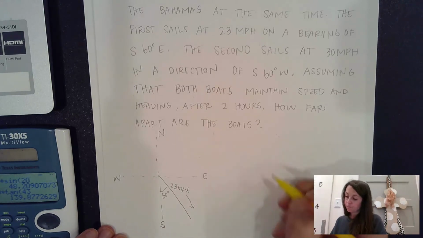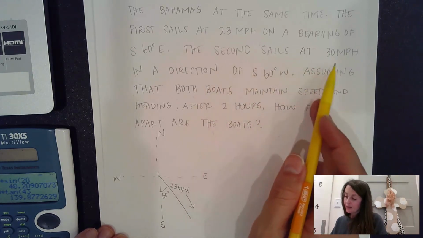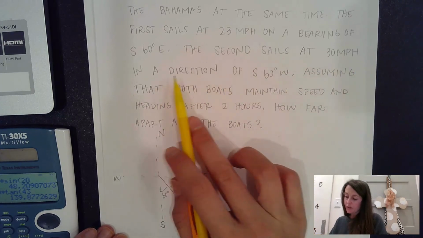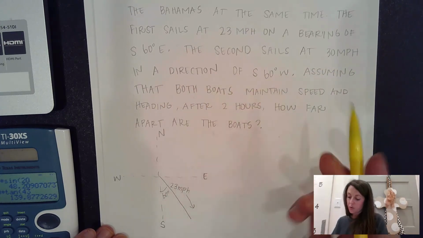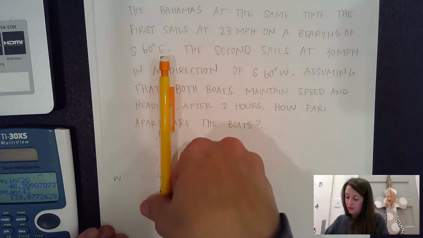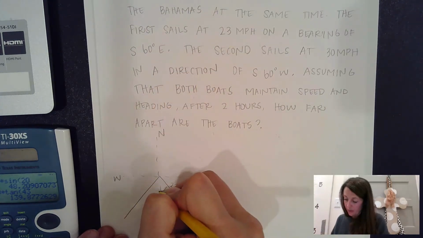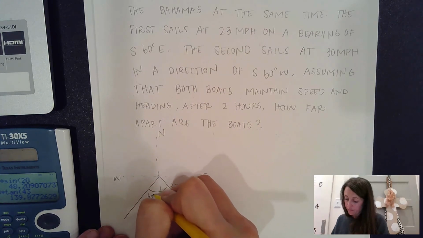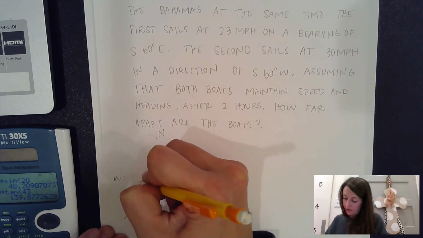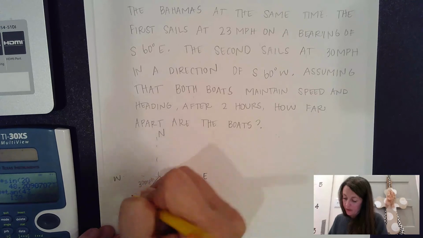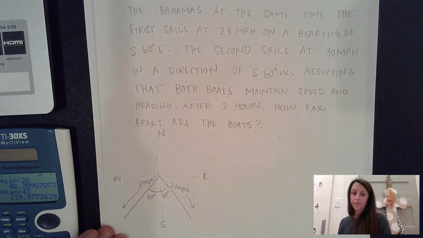The second sails at 30 miles per hour in a direction of south 60 degrees west. So I'm going south 60 degrees, so from here it's going to be 60 degrees this way, and I'm going to be going at 30 miles per hour in this direction.